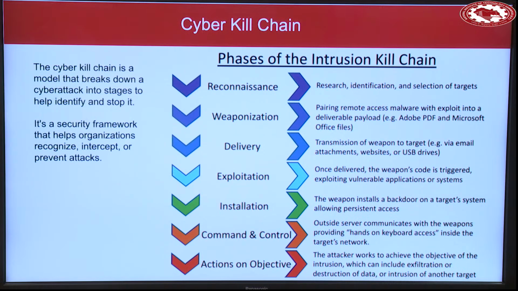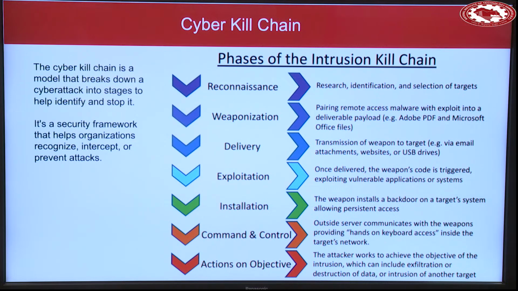These steps might vary in terms of time from attack to attack. Some attacks execute immediately, some take time. They wait for some conditions to occur and then they trigger. Exploitation: once delivered, the weapon code is triggered, exploiting a vulnerable application or system.